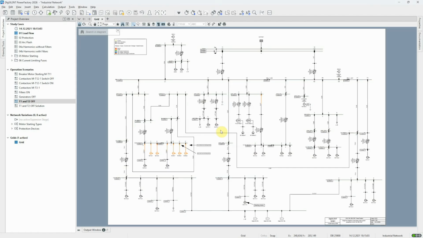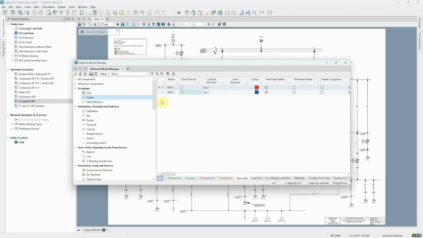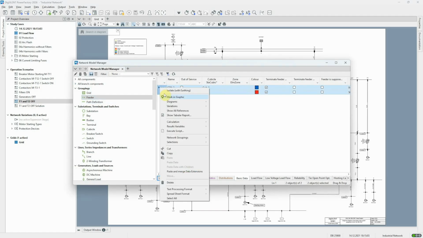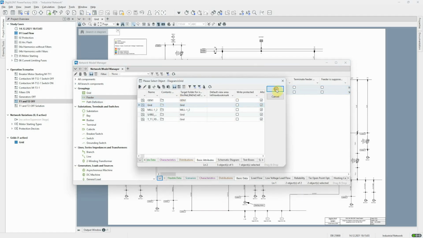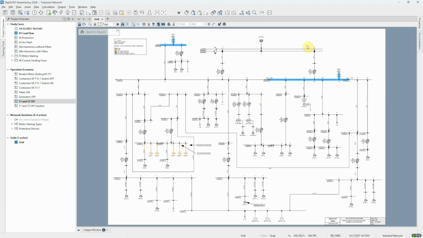To help understand how the loads in the network are supplied, let's look at the two feeder objects that have been created, one at each generator connection. The feeder definition algorithm determines which parts of the network are fed by which generator.